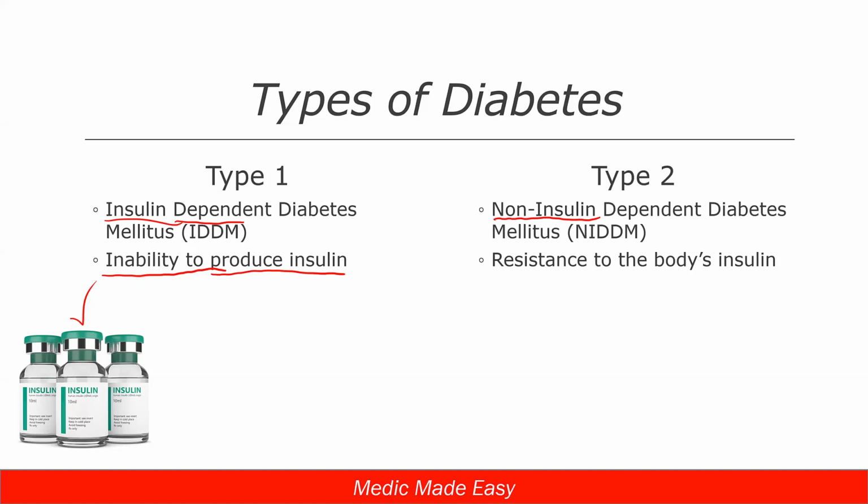And so if we went back to our cell membrane, and we said we had those insulin receptors on the cell, by saying the body is resistant to that insulin, what actually happens is a lot of those receptors get destroyed, and there's fewer of them. And if there's fewer of them, then it's going to take more effort to get that sugar into the cell, because there's just fewer doors to get there.